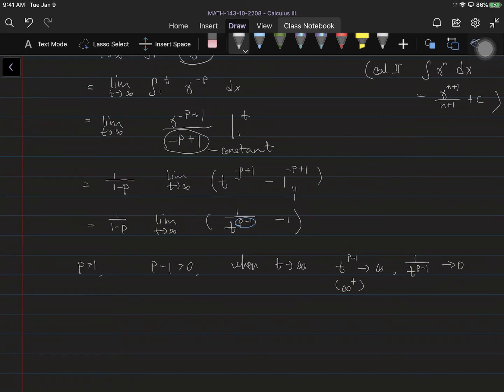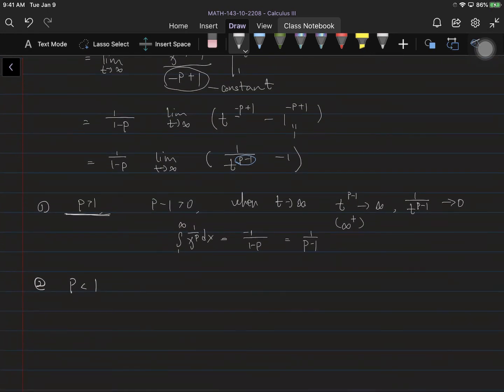So in this case, our integral equals negative 1 over 1 minus p, which is 1 over p minus 1. That's our integral, when p is greater than 1. Second case, when p is less than 1.